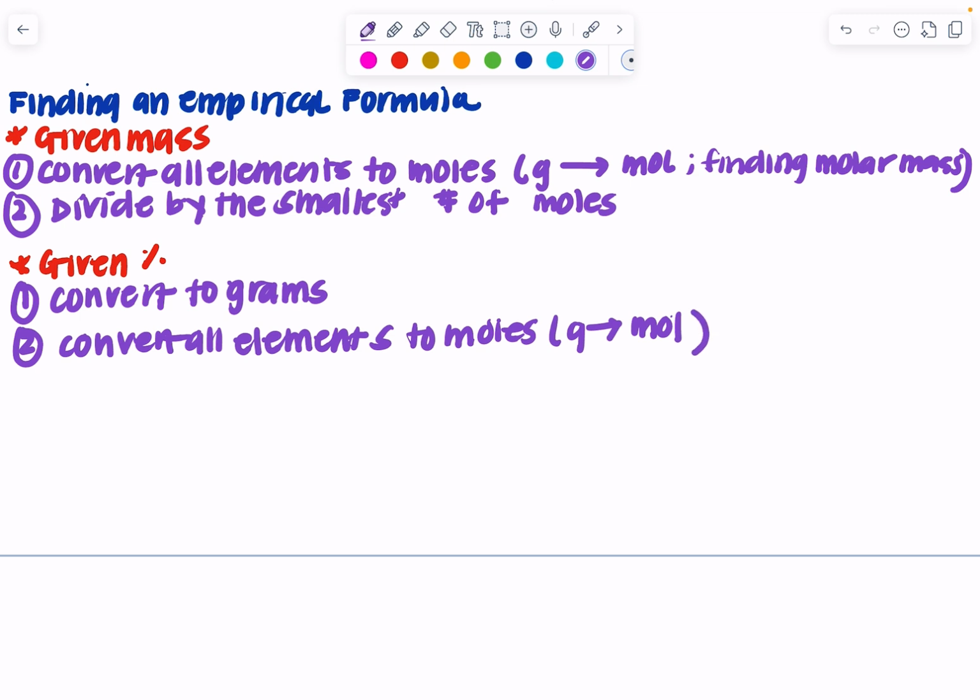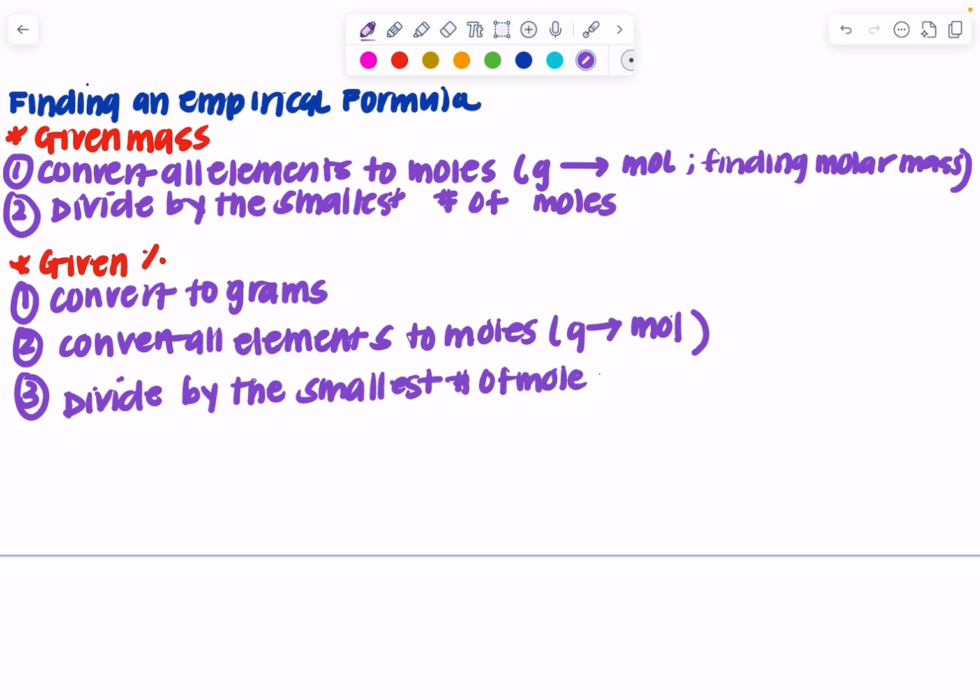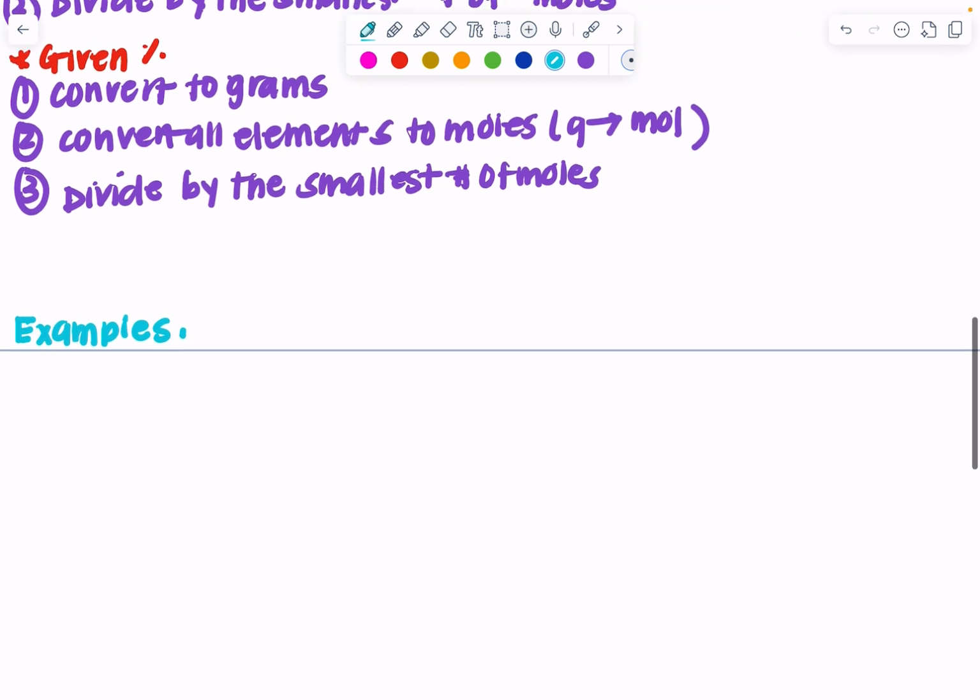Again, we do this by finding the molar mass, and then number 3, same thing, divide by the smallest number. And again, that should feed into our empirical formula.